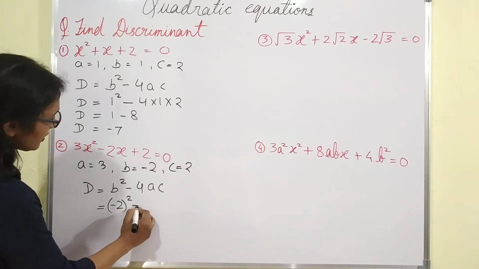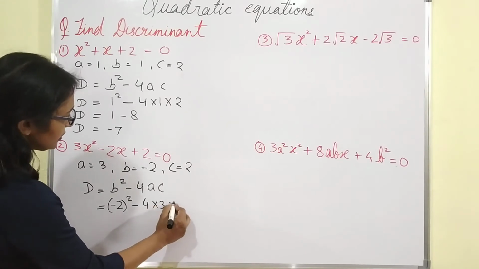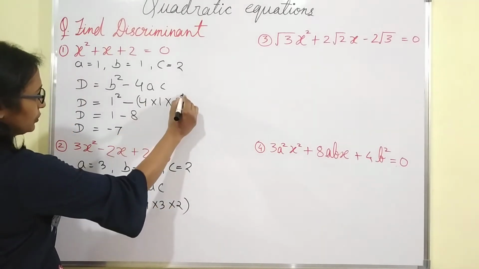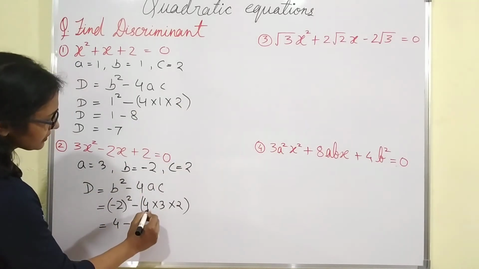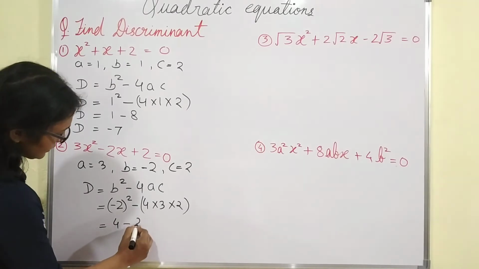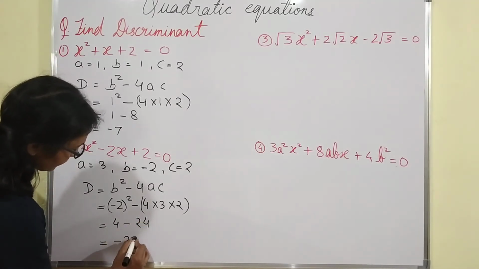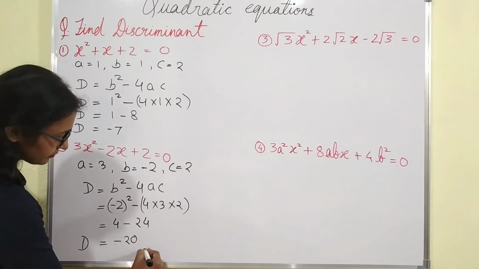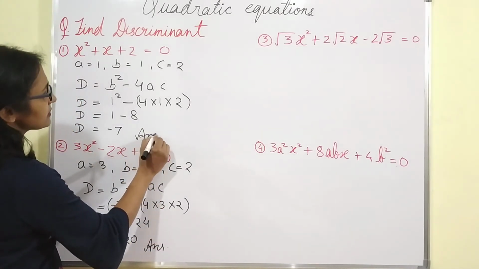Minus 2 square minus 4 into 3 into 2. So, 4 minus 4 2s are 8, 8 3s are 24. Again the value of d is minus 20. So, roots are not equal. It's the answer.